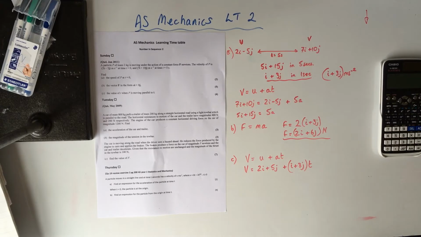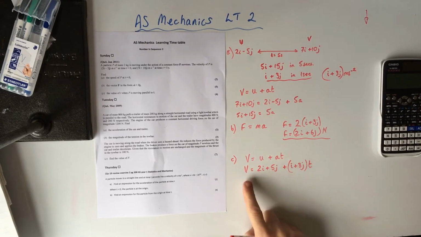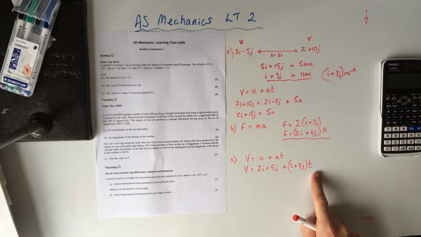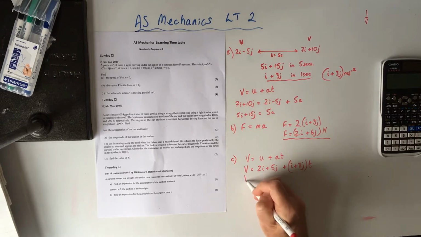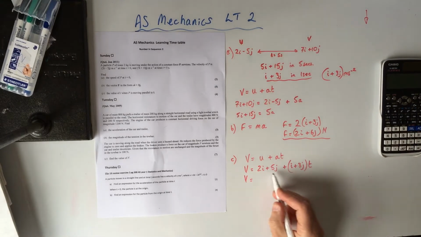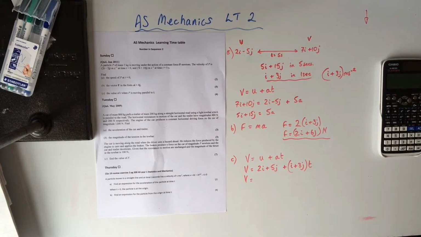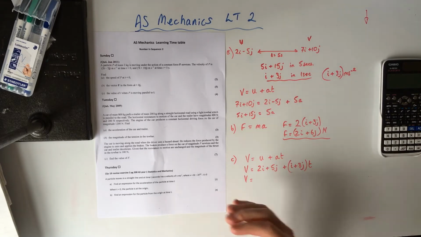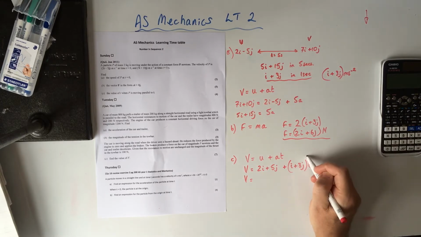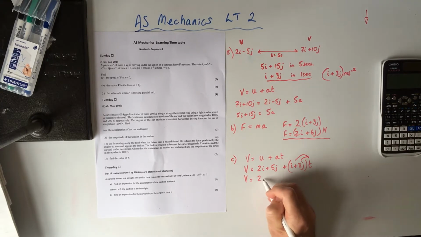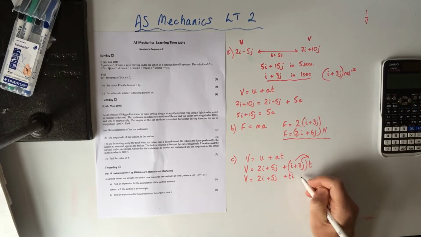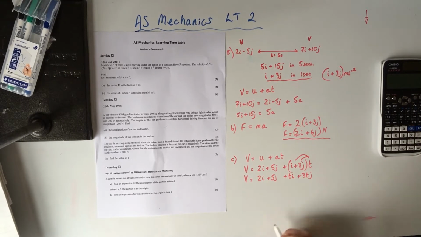So from this v equals u plus at, we can get an expression for the velocity at any time. So let's just do that. You've seen me do this before in the mechanics videos, I'm going to multiply out this and get all my i's together and all my j's together. So I get 2i plus 5j plus ti plus 3tj.